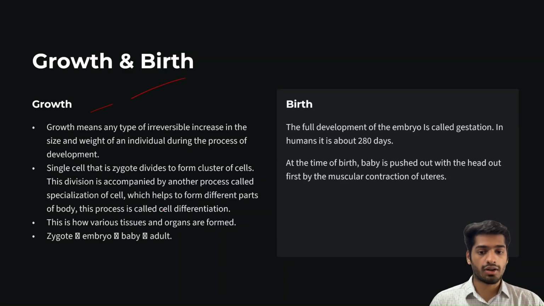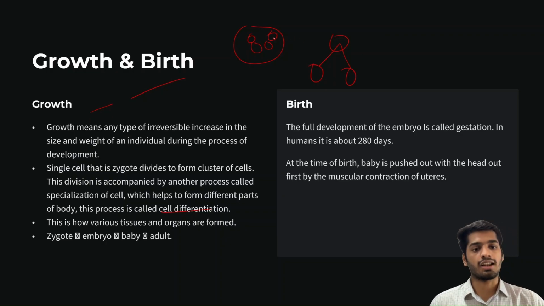Now there is one word which is very interesting, that is cell differentiation. What is cell differentiation? During this growth, in the beginning it is just going to be a cluster of cells, and one day these cells will start to form the organs or the tissues. So when these cells form different types of cells, this is known as cell differentiation.